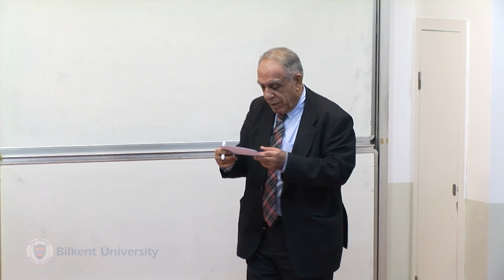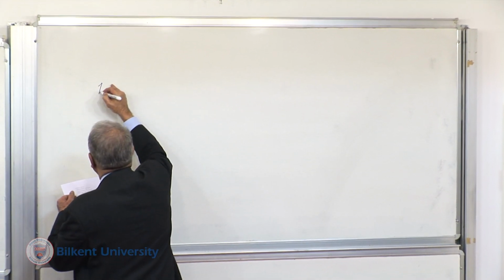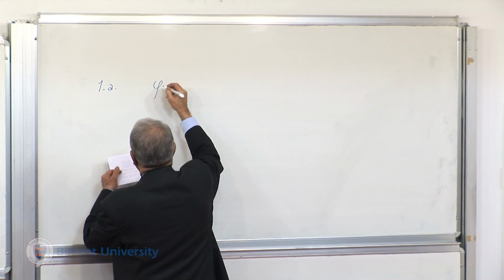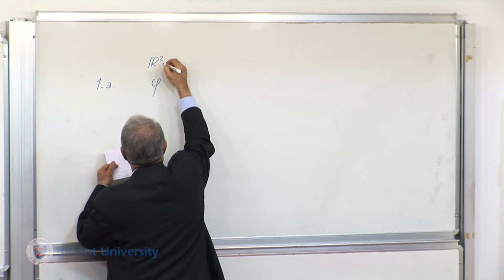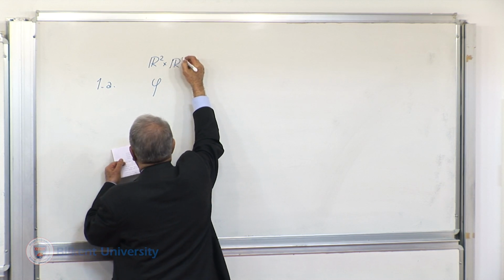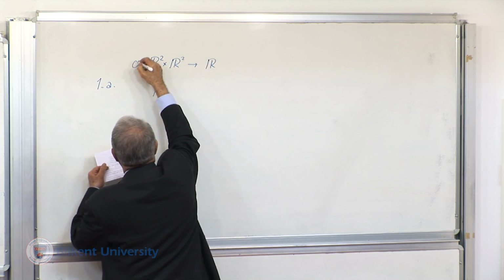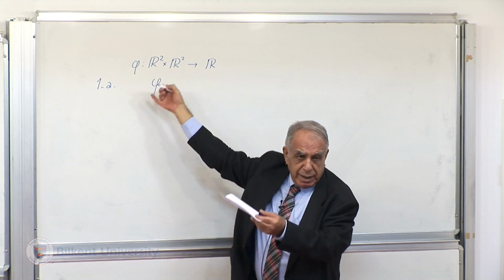That's maybe more important. Now, 1a, now we have this phi, from R^2 times R^2 into R, so this is a candidate for an inner product on R^2.